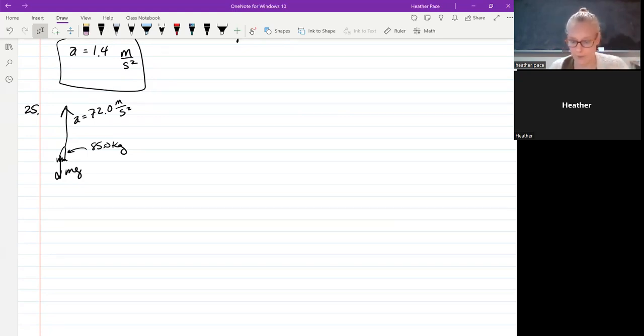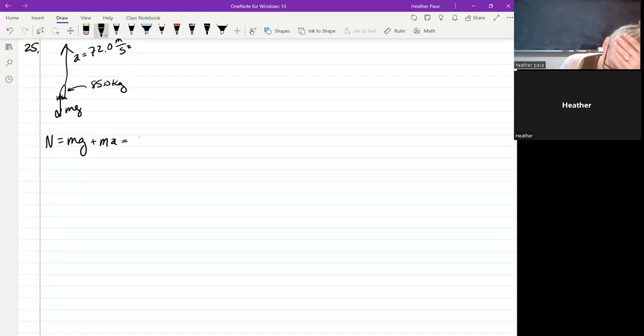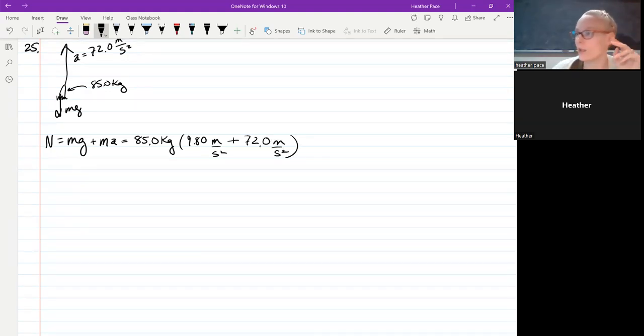So we've got mg plus ma, which is 85.0 kilograms times 9.80 meters per second squared plus 72 meters per second squared.